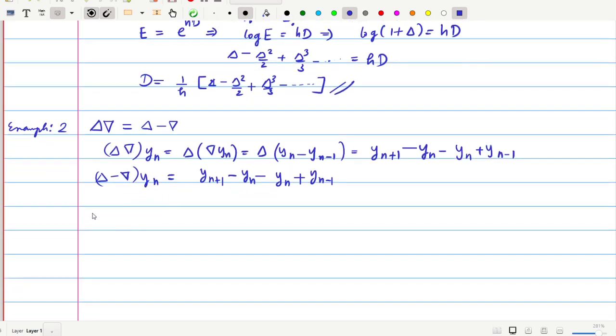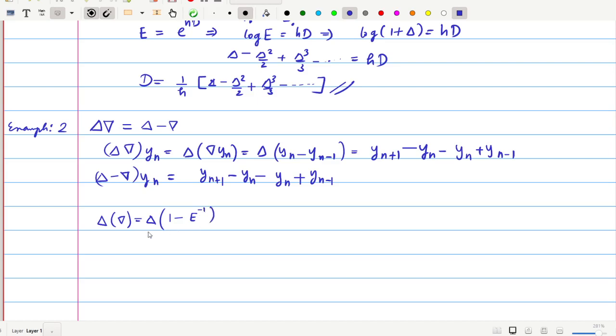The other method is that you can also prove this result using the formula that we discussed in the previous class. We write delta del, where del can be replaced by 1 minus e to the power minus 1.